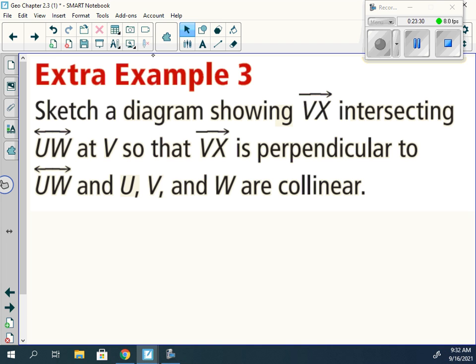Sketch a diagram showing ray VX intersecting line UW at V, so that ray VX is perpendicular to UW, and U, V, and W are collinear. So draw a line. I chose straight up and down. It doesn't matter. We could have gone left and right.